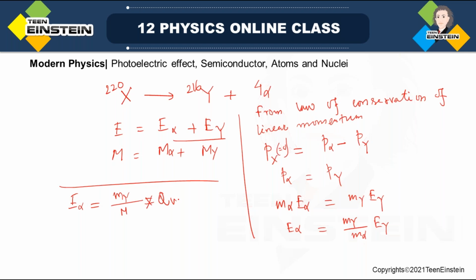This is how it will come. Adding the Q value of 5.5 MeV, this would give you 5.4 MeV.